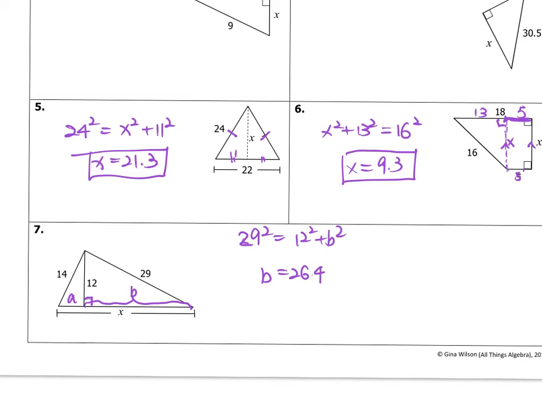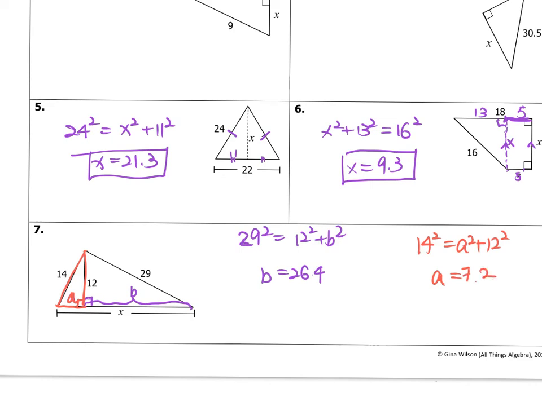Now if I look at the smallest right triangle on the left hand side, let me use a different color. So I use A here, and I'm looking at this right triangle here. I have a hypotenuse, which is 14, so 14 squared. I have A squared as a leg, and the other leg is 12 squared. So A comes out to be 7.2 if you use your calculators.